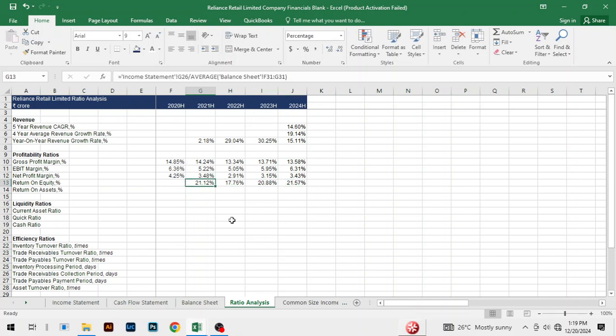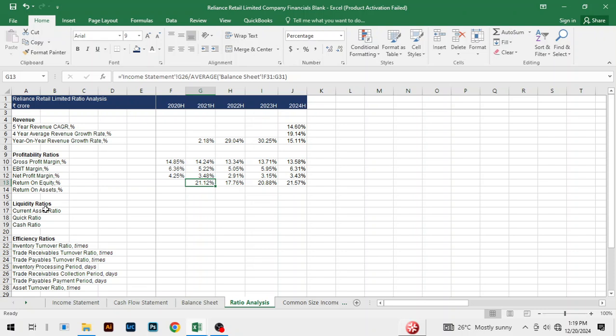So if you are an investor, obviously any return on equity ratio that is above 20, I think that's acceptable, that's a good one, and that's lucrative, right?